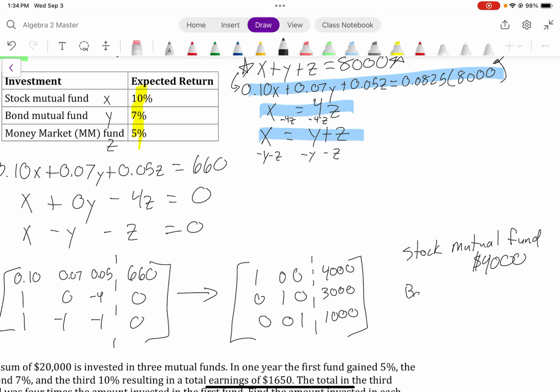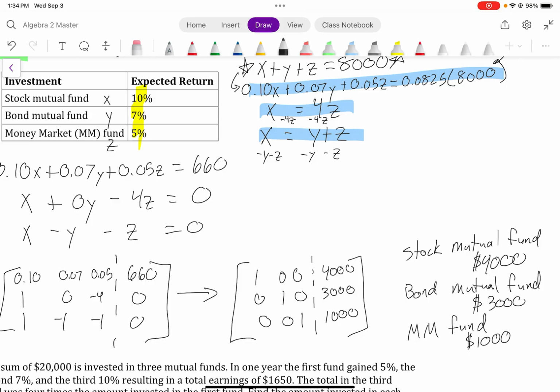My bond mutual fund, I'm going to use $3,000, and my money market fund is going to be $1,000.